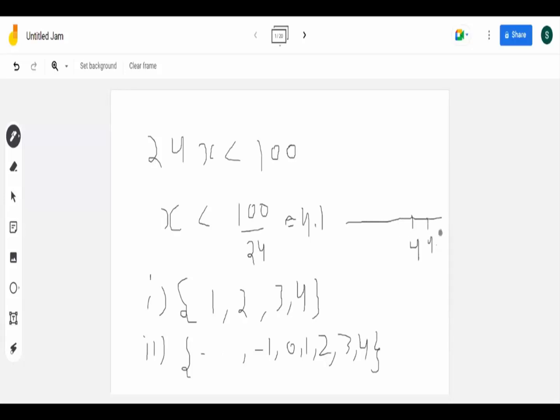Our answer will be less than 4.1. And here is natural number 1 and integers till minus infinite. So this is our answer for the first bit, natural numbers from 1, and this is our answer for the second bit, integers up to infinite. Okay, so let us move on to the next question.